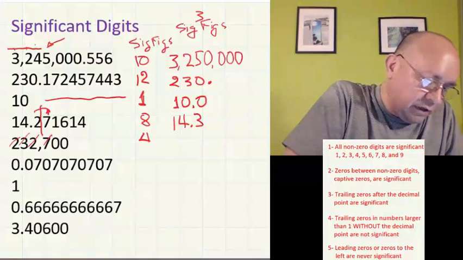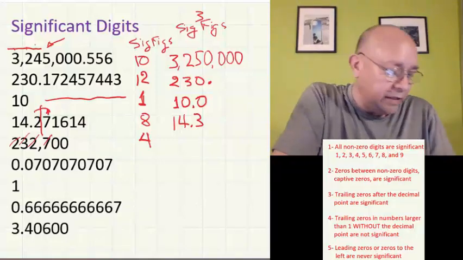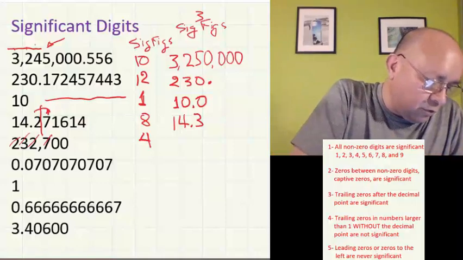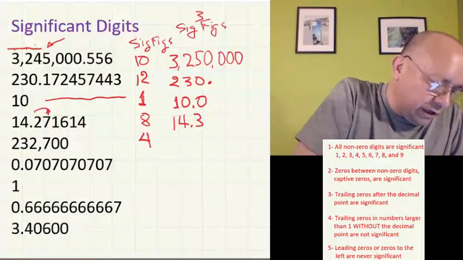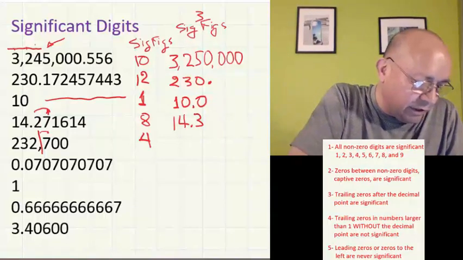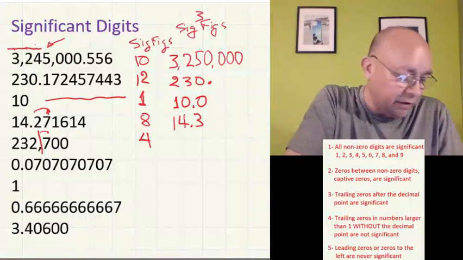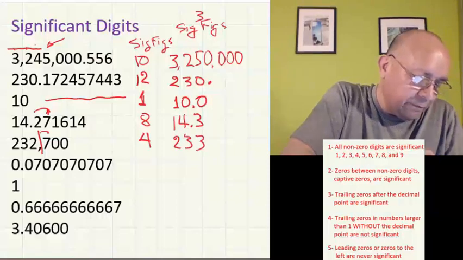Now, what if we want to write this with 3 significant digits? So we cut here, we have 1, 2, 3, and the 7, the number next to the cut, is larger than 5, so the 2 becomes a 3, so this will become 233.